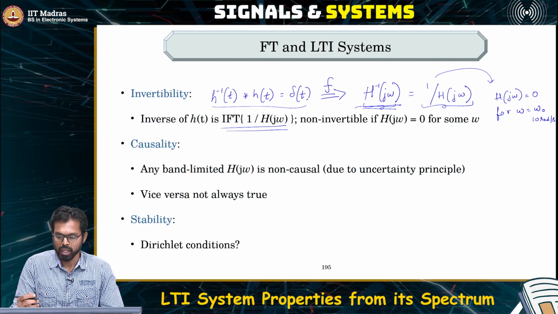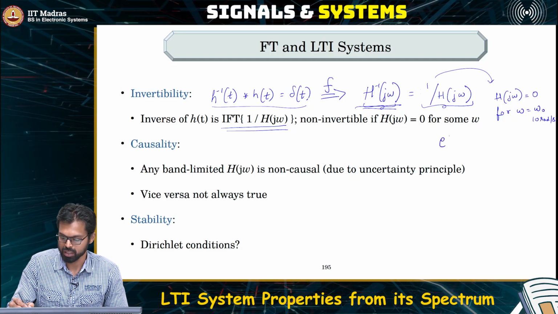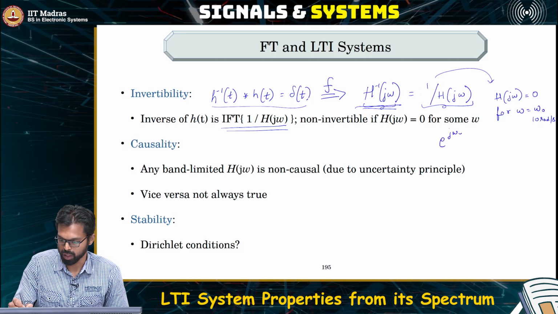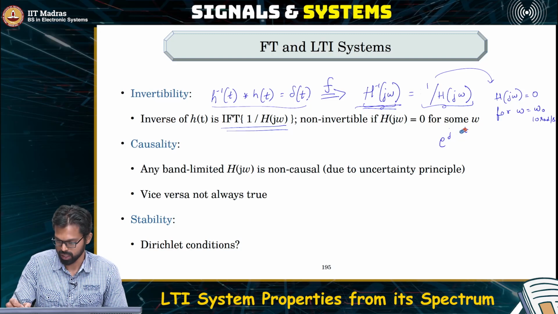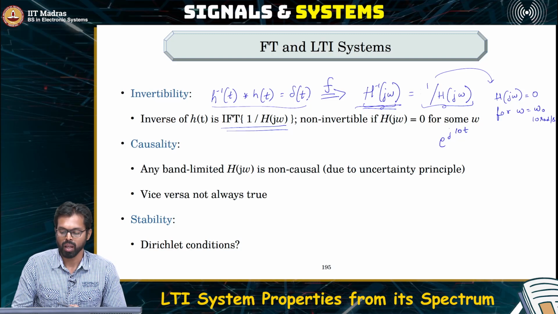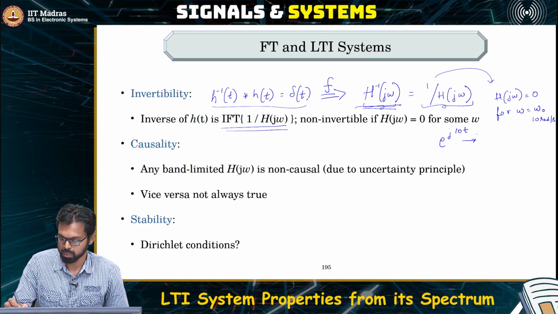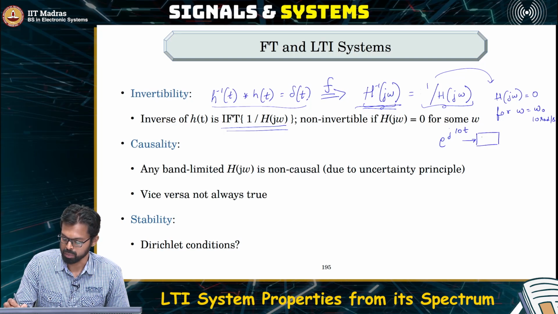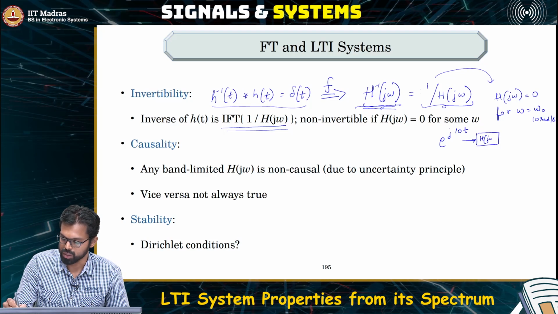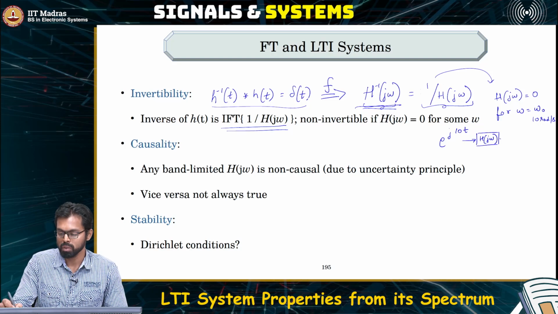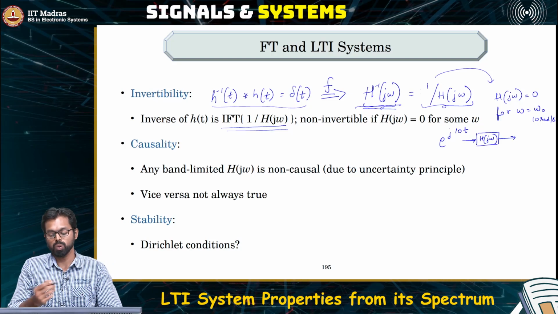What does this mean? If I had a phasor, let us say e to the power j omega naught t, or 10 radians, and if I feed that as the input to my system whose spectrum is H of j omega, then what will be the output? We know what happens, right?